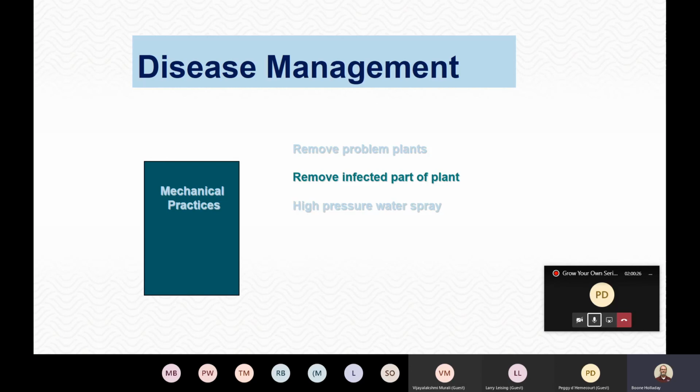If there's just a portion of the plant that's showing some symptoms, using sanitary practices, remove that part of the plant and get it out of there. And for some things, particularly with just sooty mold that's growing on the leaves of plants, we can simply hit that with a high pressure water nozzle to knock that sooty mold residue off the leaves and move on.